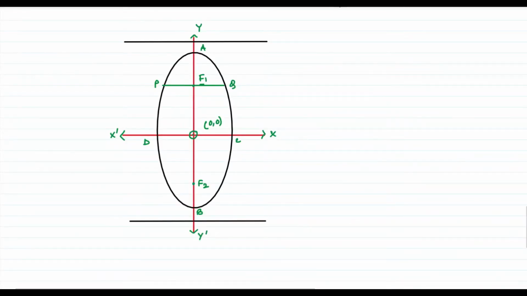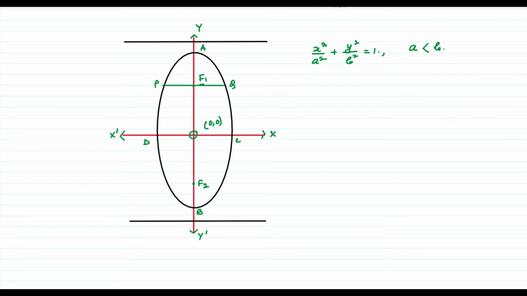Here is the other form of ellipse, where the major axis is taken along the y-axis and the minor axis is taken along the x-axis. The equation of the ellipse is the same as before: x square by a square plus y square by b square equals 1. But here a is less than b. Why? Because we have taken the major axis along the y-axis, so b is larger than a.